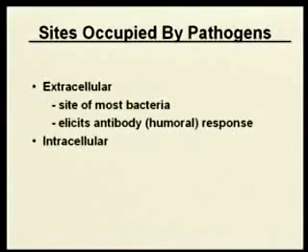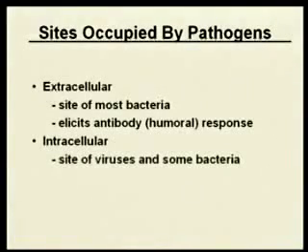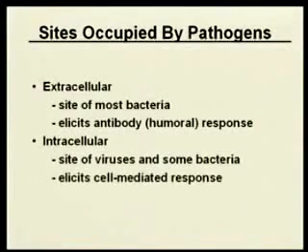The intracellular site is the site of most viruses and some bacteria, and this will lead to the cell-mediated response. It's all about how the immune system can get to these pathogens. Antibodies are not very good at getting into the cells, therefore they would not be the best response.